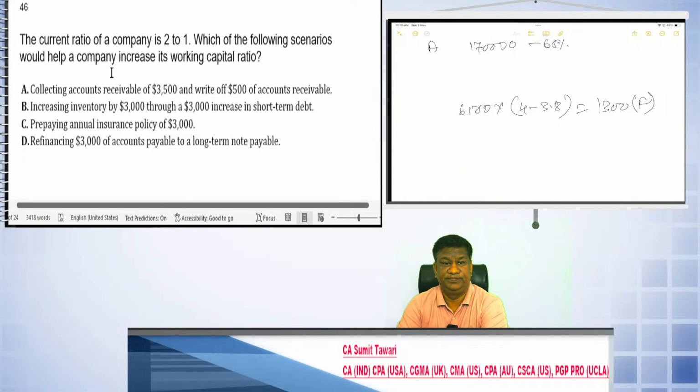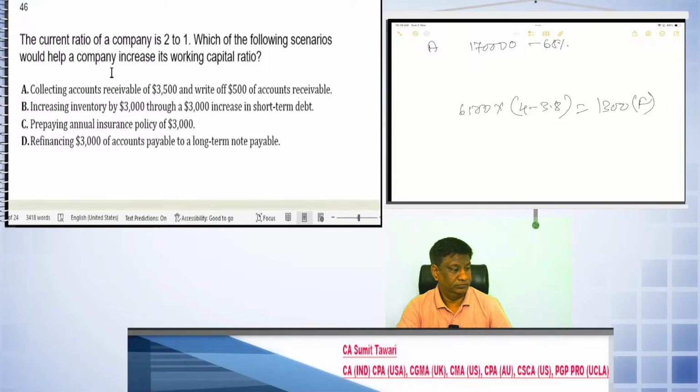Next question. Increase the working capital. Refinancing 3,000 to a long-term note. So for increasing working capital, either you need to increase the current assets or reduce the current liabilities.